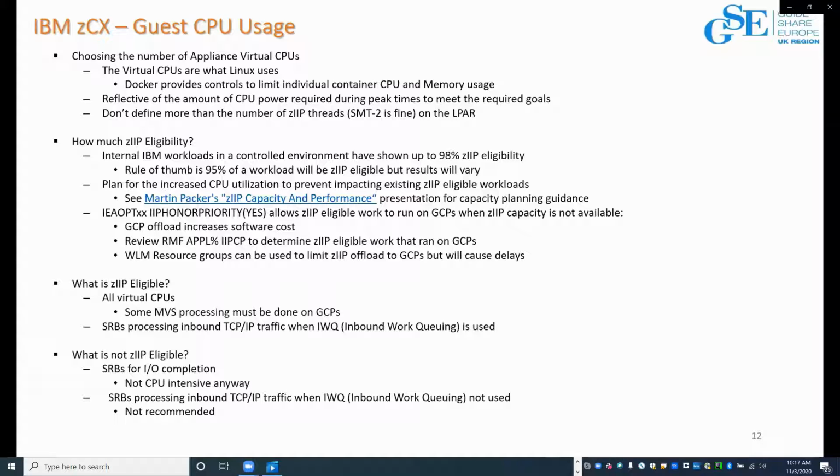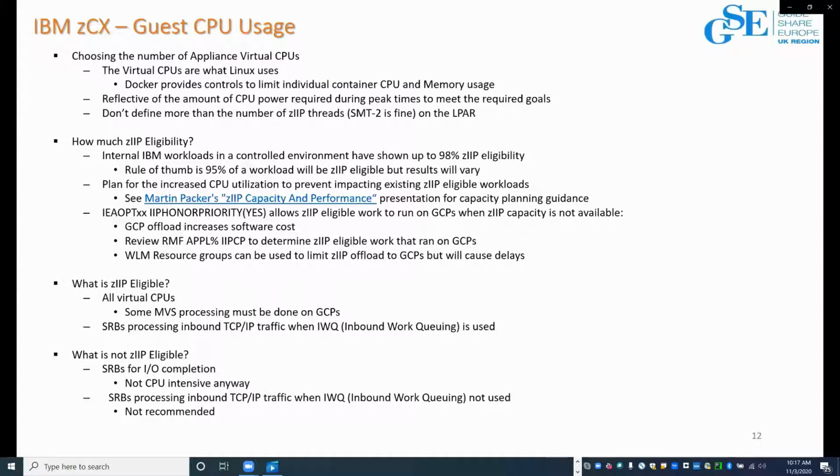The other important thing is IIP honor priority. You can set it in IEAOPT for the system overall. You probably already have that set. That determines whether zIP eligible work that is not getting the performance that's required can run on regular processors or not. You may want that on, you may not want that on. In general, we want it on, if you have important work.